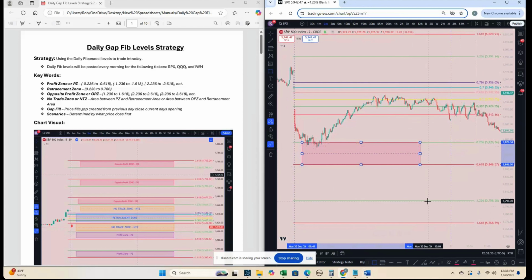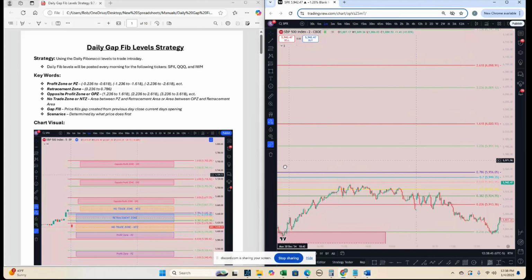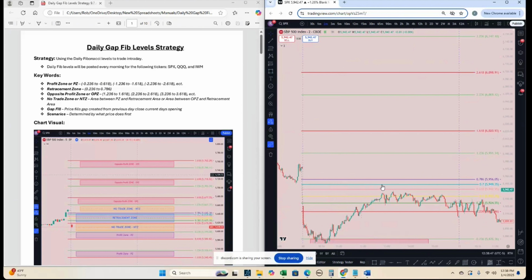The next profit zone will be negative 1.236 to negative 1.68. It's important that you draw it correctly, because you want the profit zones to be in the correct area, because on the opposite side, your positive coefficients will be your opposite profit zone.